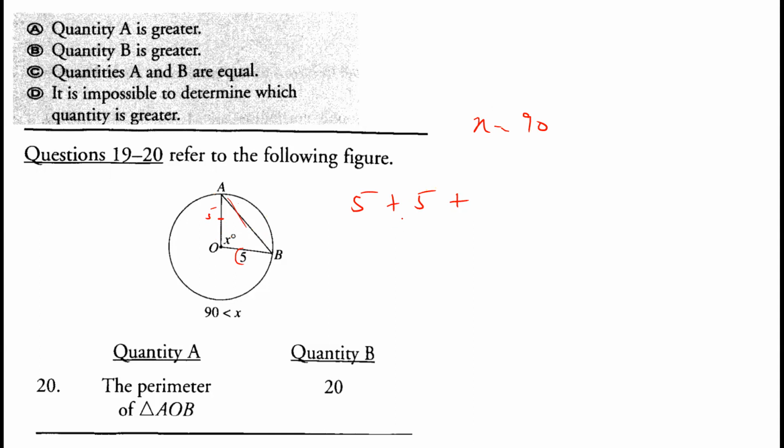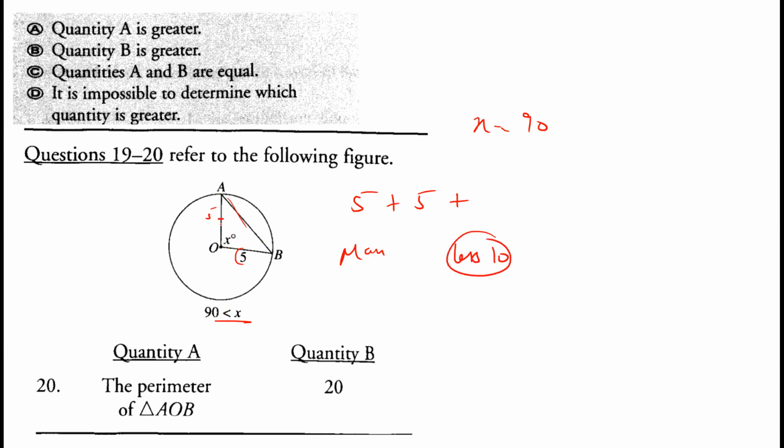But we need to understand that this AB, the length of AB, if x is more than 90, then the maximum length it can have would be something that is less than 10. Why?